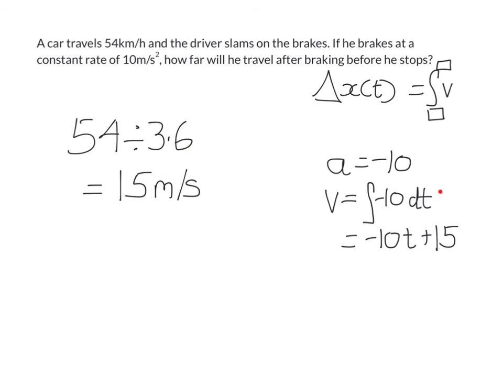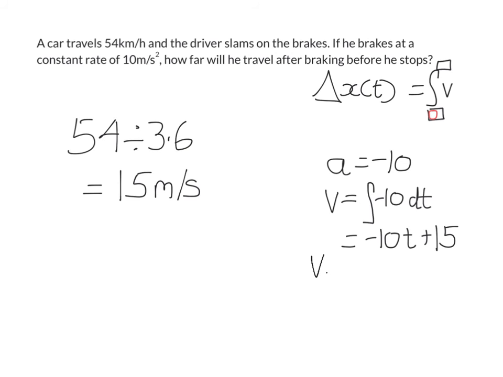So now that I've got the velocity function, I can just integrate it to find the change in displacement. So what are these two values here? Well, I can just have time 0 being when I started braking, but when did the car stop braking? Well, that would be when the velocity is equal to 0.